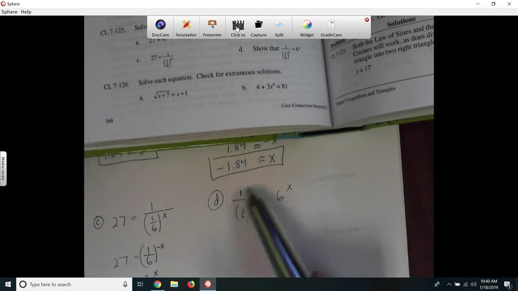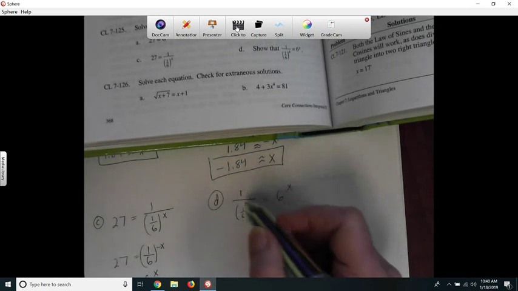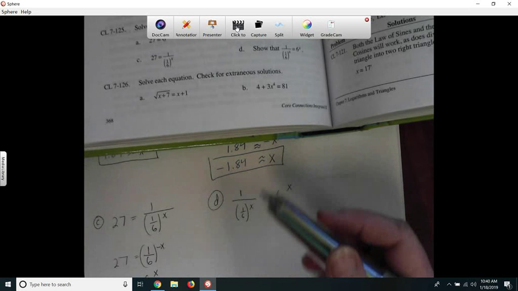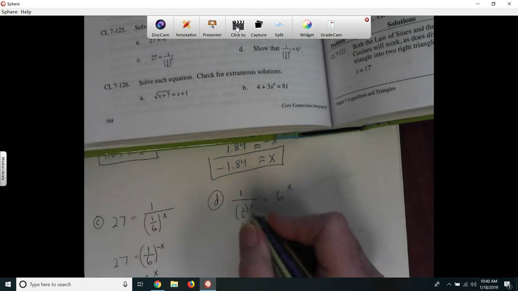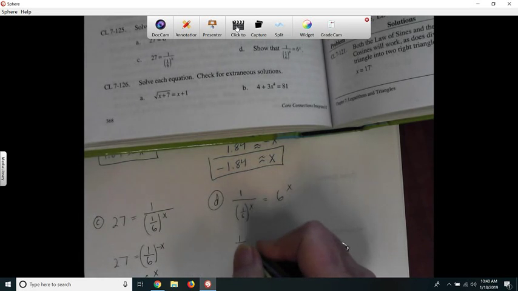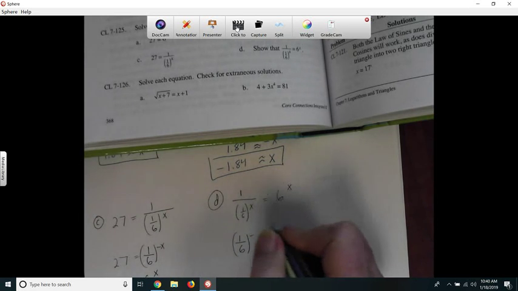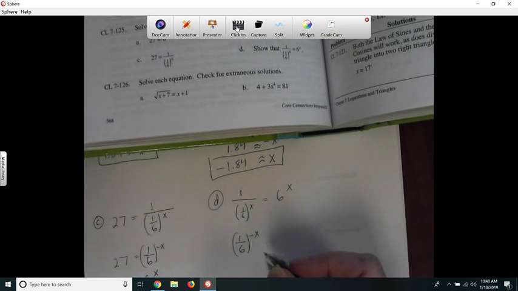So to rearrange the left-hand side, we've already kind of done this procedure a minute ago. If I want to move this into the numerator, I have to change the sign of the exponent, so this will end up being 1 over 6 to the negative x. And then that's going to equal 6 to the x.